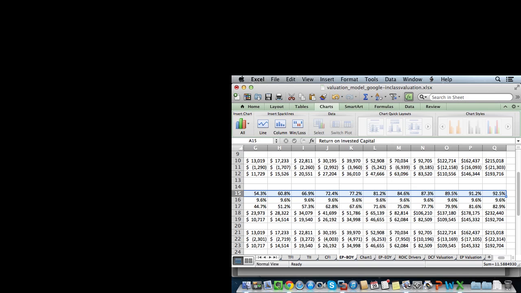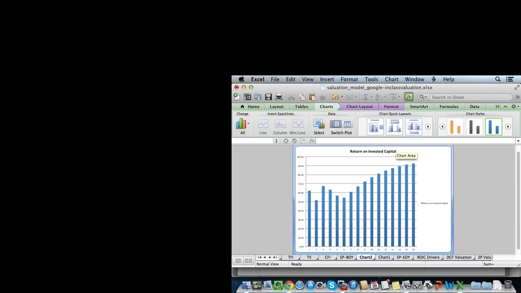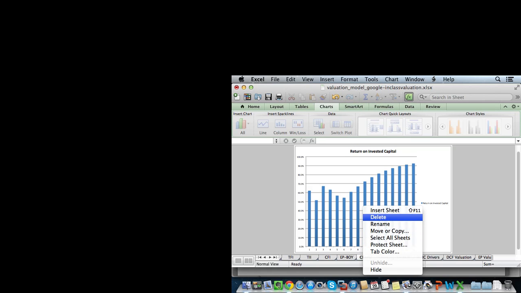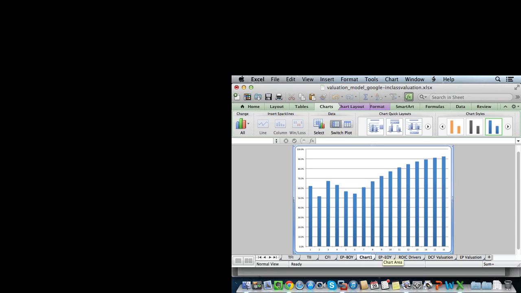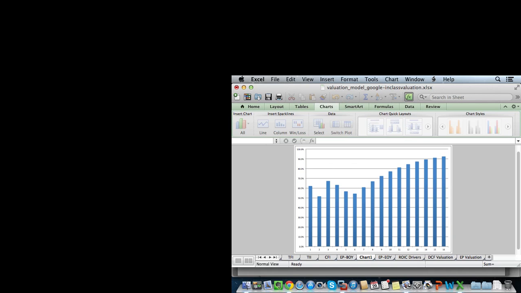Let me try this. Insert sheet, chart sheet. All right. Right click on the chart. Change chart type. I'll figure this out after the video, but here's the point. I'm going to leave it as a bar. Ideally, it's easier to see as a line.